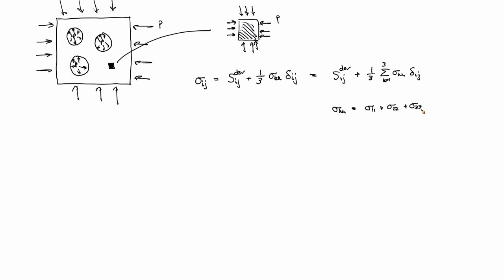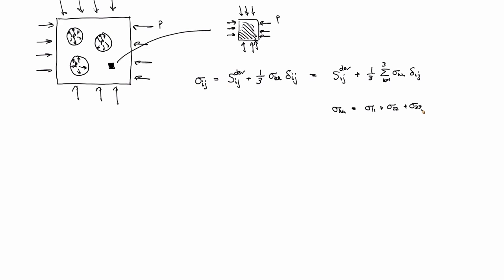So I have this stress, and I haven't told you what this deviatoric stress is yet, but the stress is the sum of the deviatoric stress plus the isotropic stress. The deviatoric stress is the stress associated with shears, and the isotropic stress is the stress associated with hydrostatic pressure. Right? And in my example right there, there is no deviatoric stress.